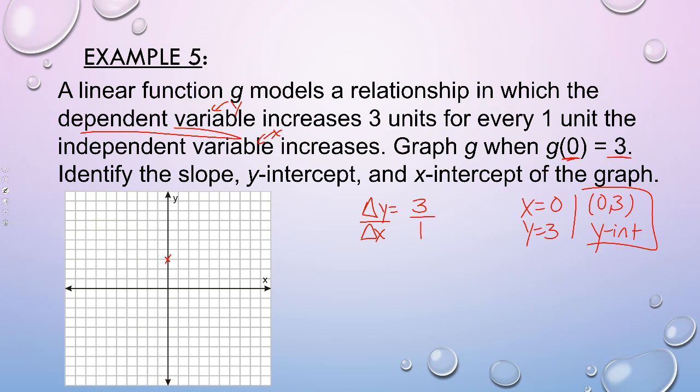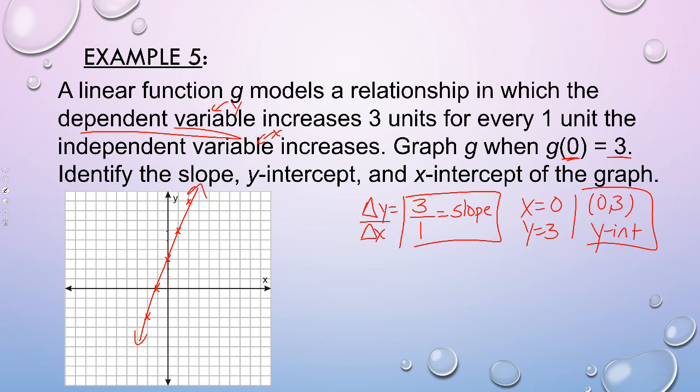So 3 over 1 is my slope. I can use that 3 over 1 to create more points, and it's a positive 3 over 1. So I can go up 3 to the right 1, or I can go down 3 and to the left 1. And I can create my line.